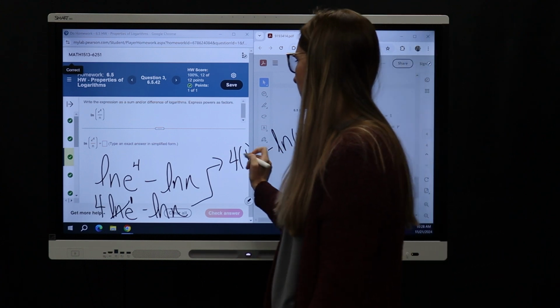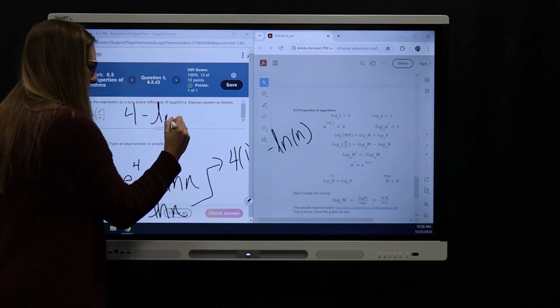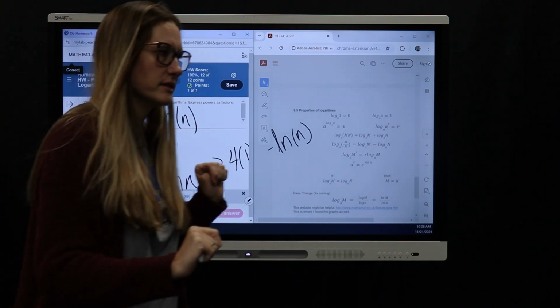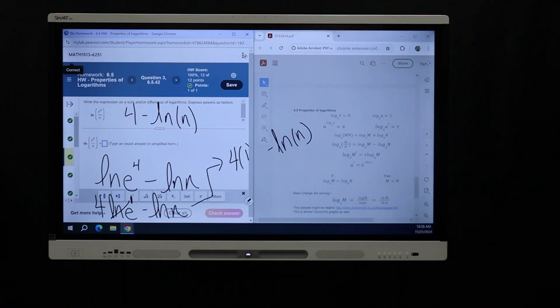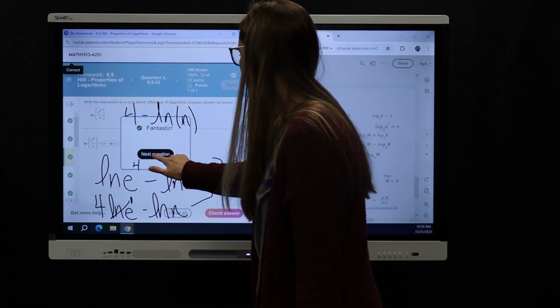So 4 times 1 here, our final answer is going to be 4 subtract the natural log of n. I don't think we have to put it in parentheses. 4 subtract ln n.